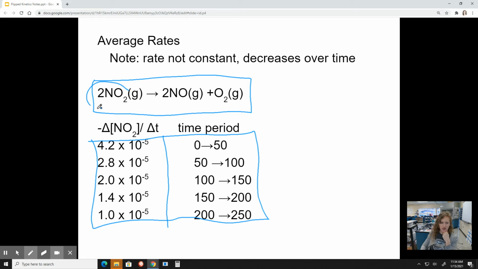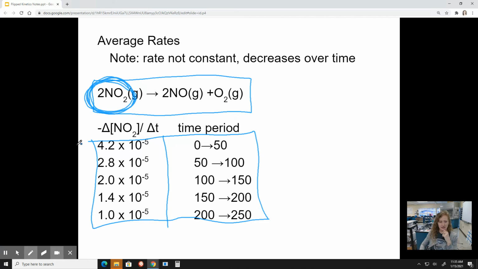We have one molecule as the reactant, NO2, nitrogen dioxide. And in order for this reaction to proceed forward, nitrogen dioxide needs to collide with nitrogen dioxide. And so the less nitrogen dioxide you have as this reaction proceeds forward, the slower your rate's going to go.